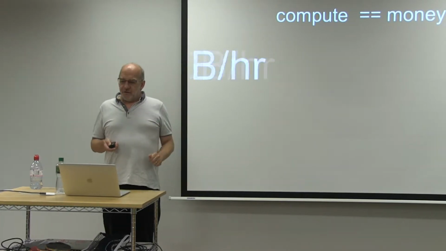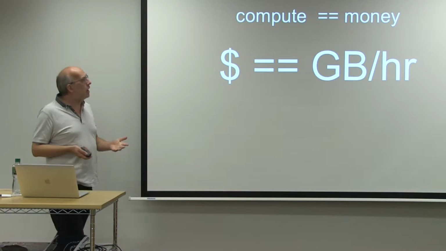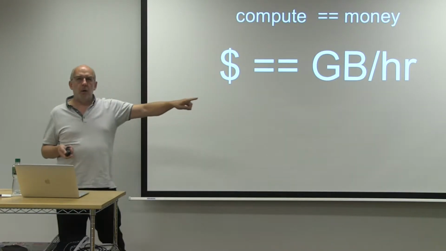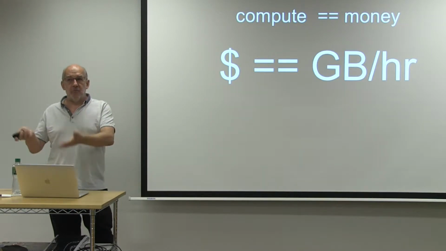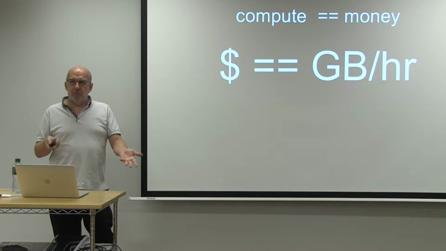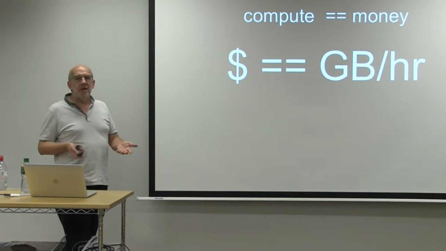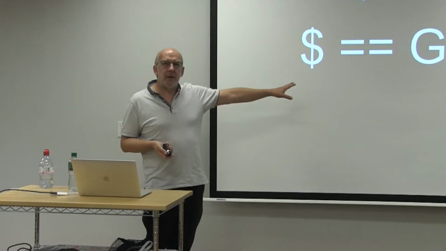The big one is this one. This is the one that pretty much all of us get hit by. Gigabytes per hour. Wherever you're buying something in the cloud, the chances are you're buying RAM. We tend not to buy so much big CPUs. The thing that always gets us is how much RAM are you buying? How many gigabytes per hour have you bought?